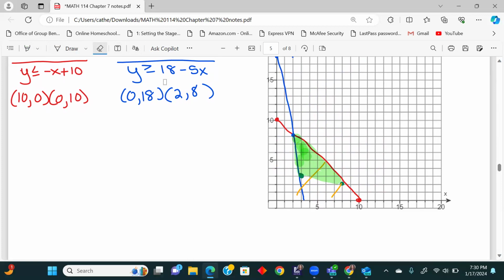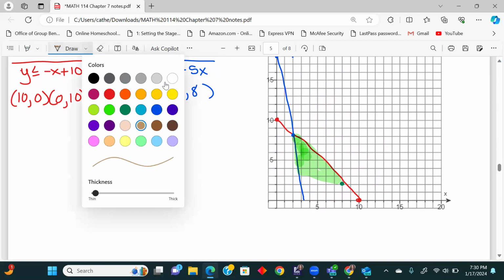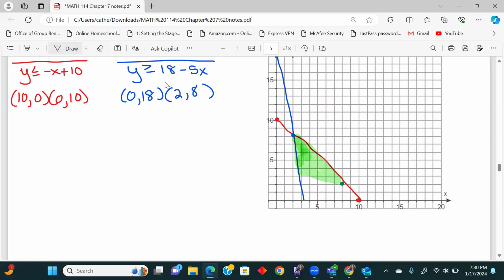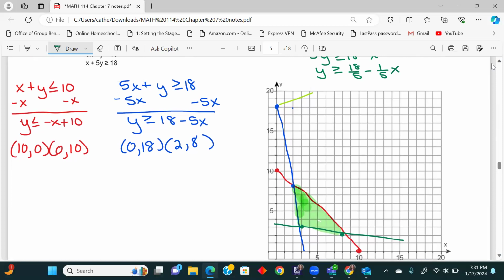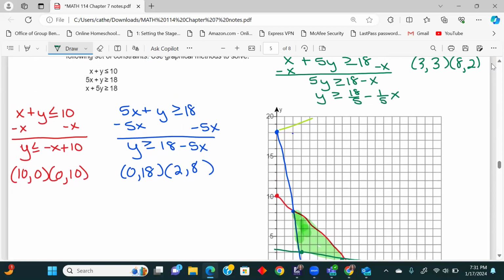Just didn't mean to erase that line. Let me get the green line back in there. 2, and then over 3, up 3. All right. So we have 3 corner points. Okay, and I'm going to bring the green points down here just so I can look at them.